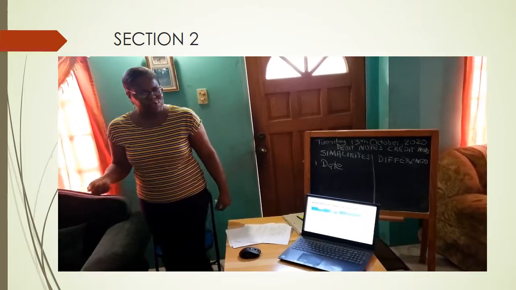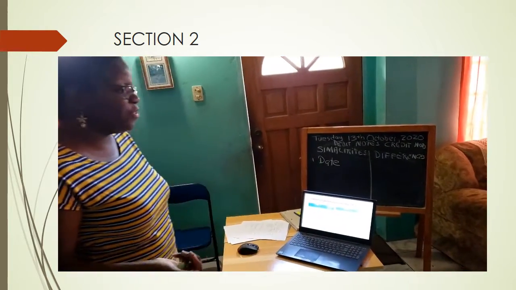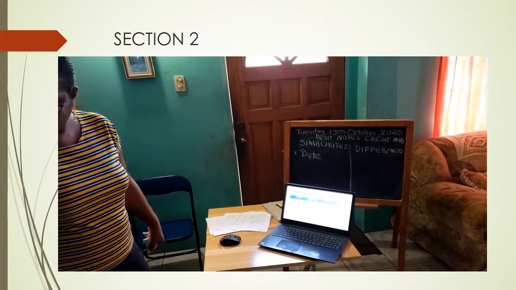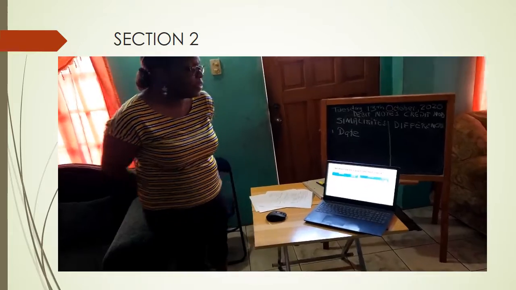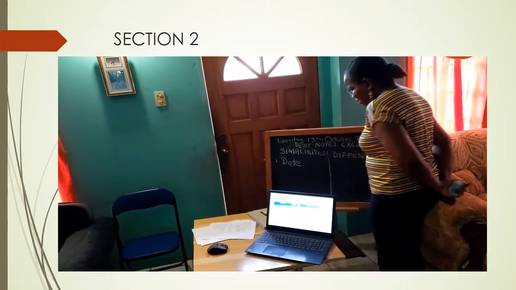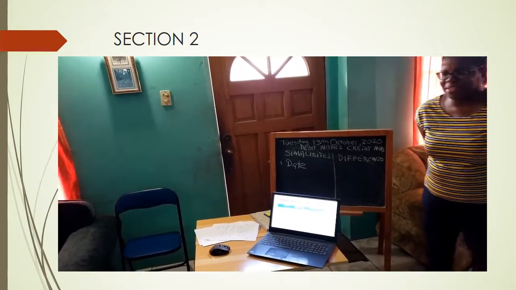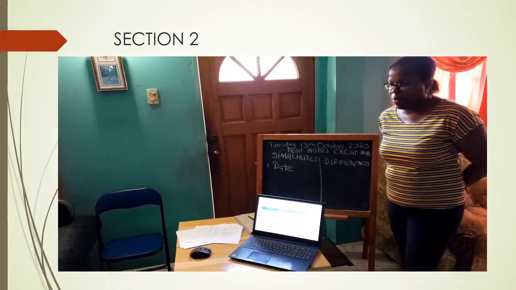Next group that I'm calling on is group number 3. Yes, you all, group number 3. And the number, let's see. We've done group 2 already, so let's do number 1.